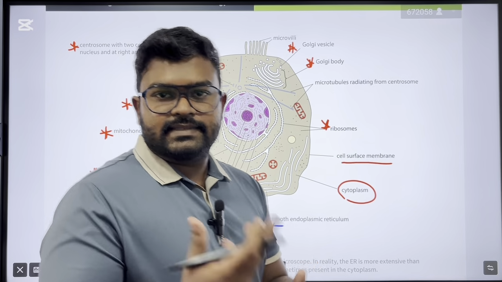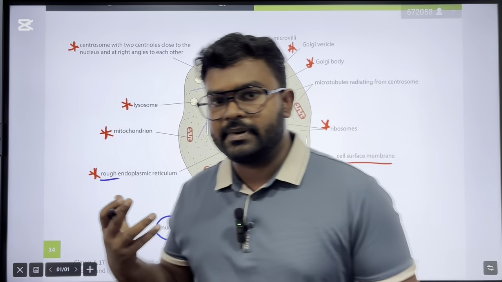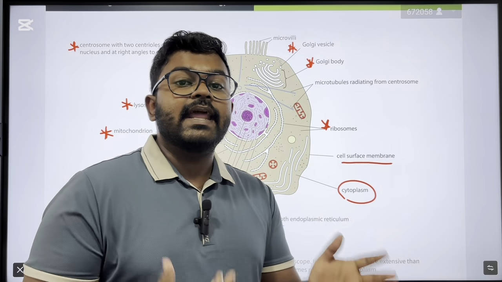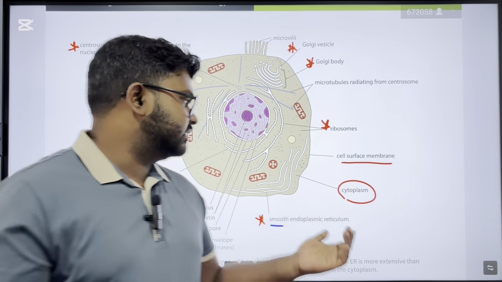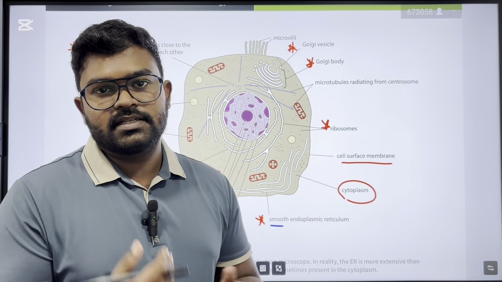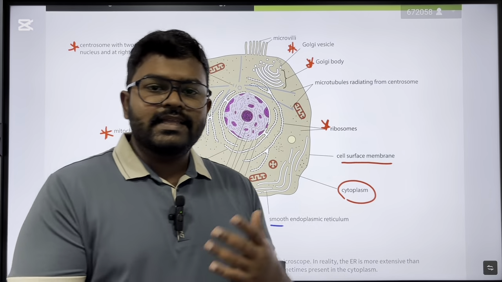Cell membrane is the outer covering of the cell. What is the function of this cell surface membrane? The cell surface membrane controls entry and exit of materials into the cell. It controls entry of substances and exit of substances from the cell. Then cytoplasm.